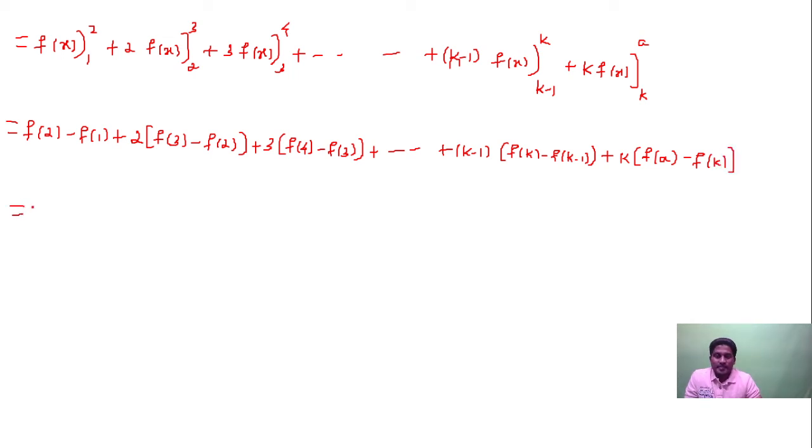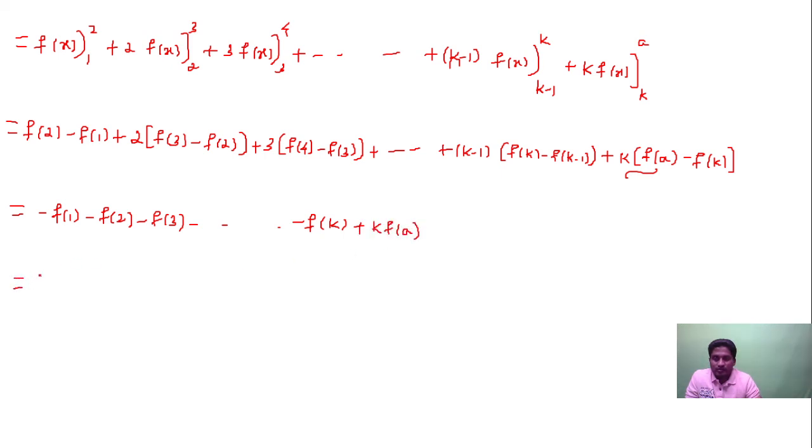If you open the bracket, I'll skip one step and write, guys. First you get minus f of 1. If you multiply 2 into f of 2, minus 2 f of 2 plus f of 2 will be minus f of 2. Similarly, you get minus f of 3, and so on. Last term will get minus f of k. What is left out now? Minus f of k. So if you simplify all this, only k into f of a is left out.